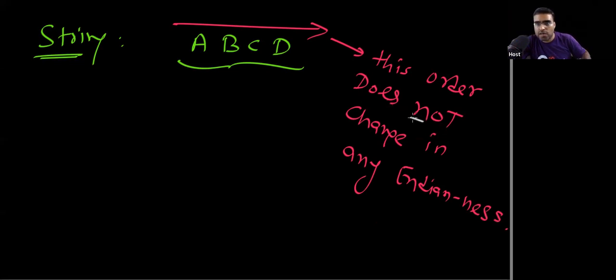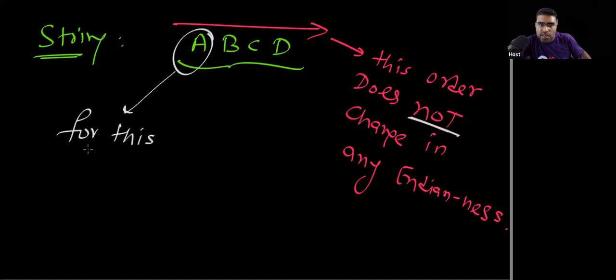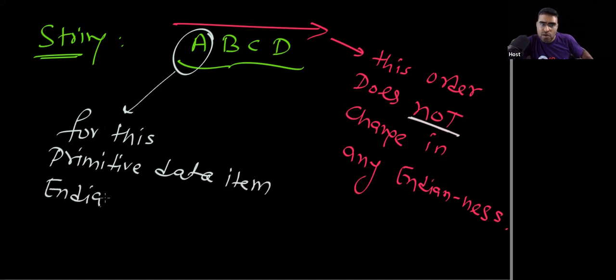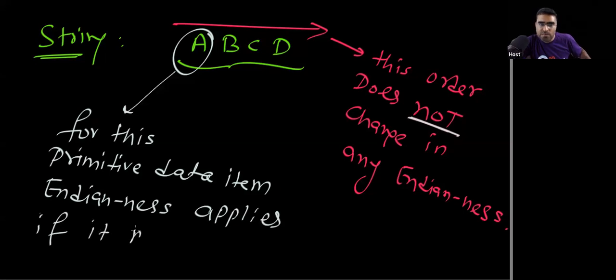But remember, for every individual element, endianness will apply. For this primitive data item, endianness applies if it is multi-byte data.